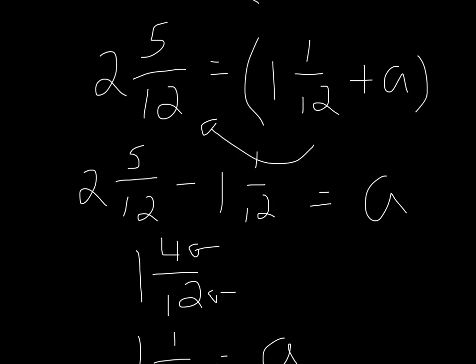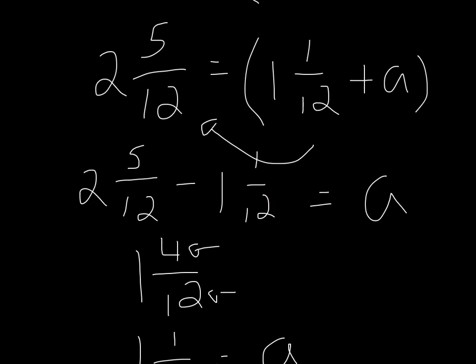And then, because the fractions have the same common denominator, I can just work straight through. And the numerator here is higher than the numerator here, so I can subtract it straight through. What is 2 minus 1? 1. 5 minus 1? 4.